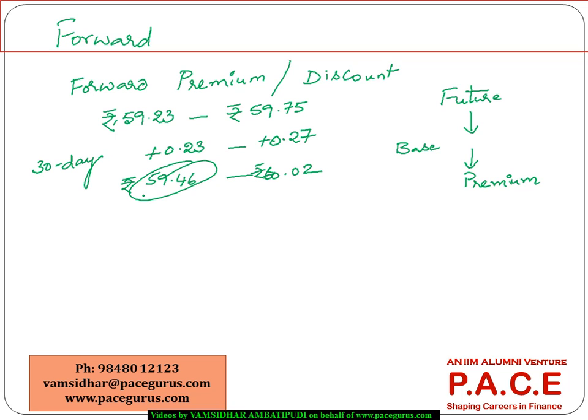So the dealer is willing to buy dollars from us at 59.46 rupees and he is willing to sell dollars to the investors at 60.02 rupees at the end of 30 days. So that is what is the typical spot and forward quotation.